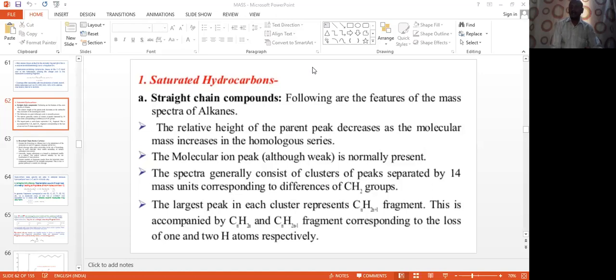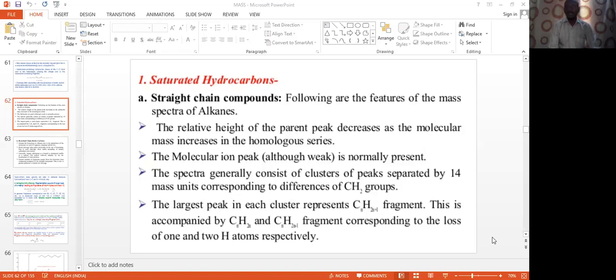So this is the basic characteristic feature of saturated hydrocarbons or alkanes.